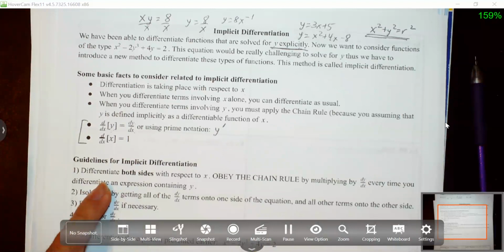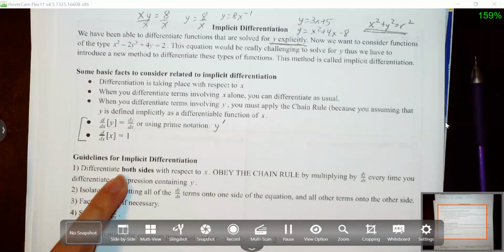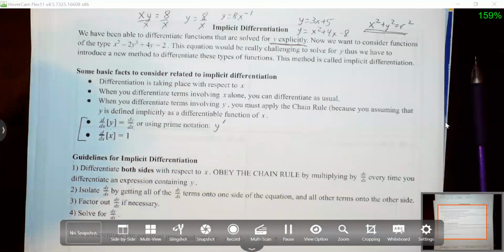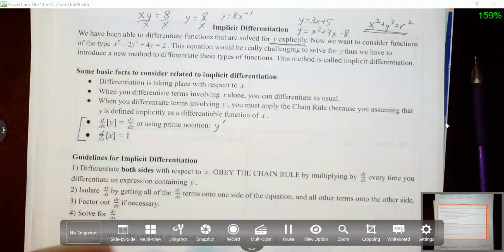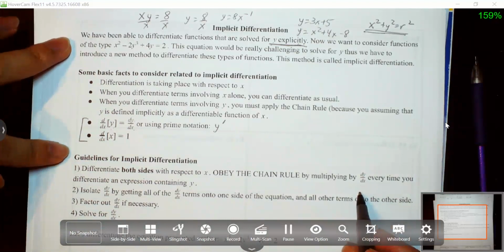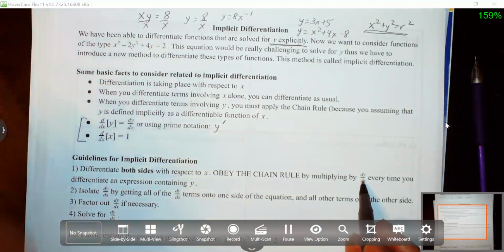Now, here is how to do implicit differentiation. You differentiate both sides of the equation with respect to x. Obey the chain rule by multiplying by dy/dx every time you differentiate an expression containing y. So anytime you have a y term, you take the derivative using the power rule, the quotient rule, whatever, but in the end, you have to put dy/dx, because we're not differentiating in terms of y, we're differentiating in terms of x.